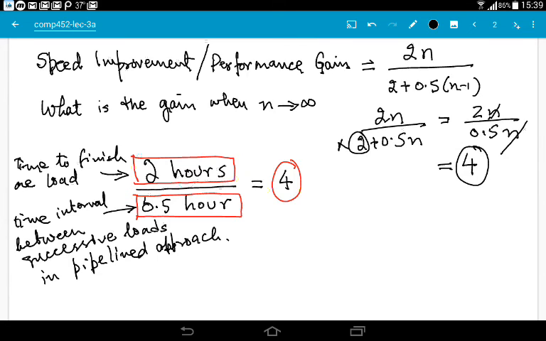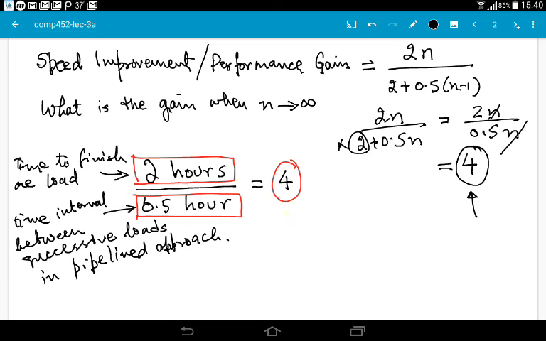The gain is not 5 in case of MIPS, but slightly less than 5, maybe approximately 4. We will talk about that in the next part of this lecture.